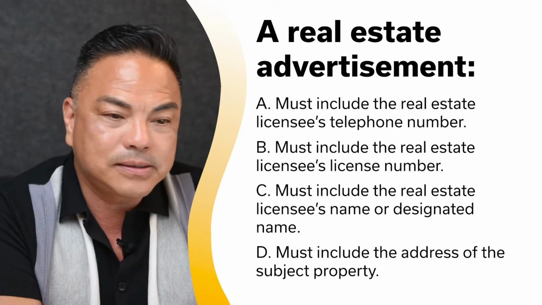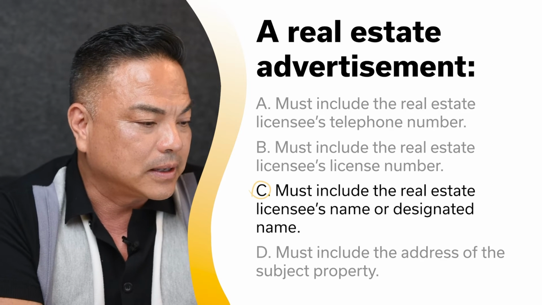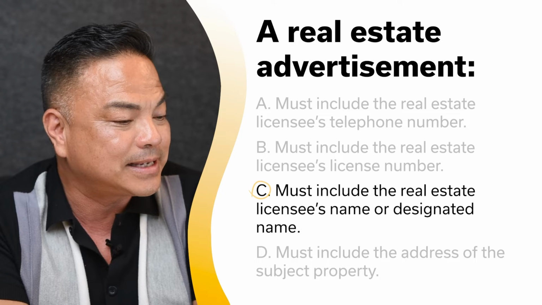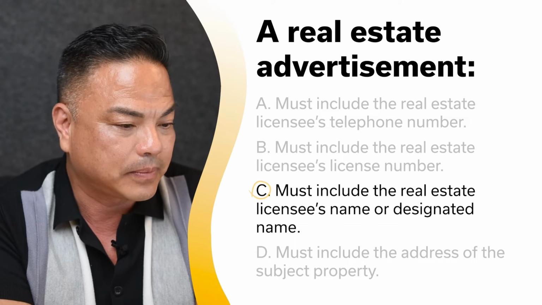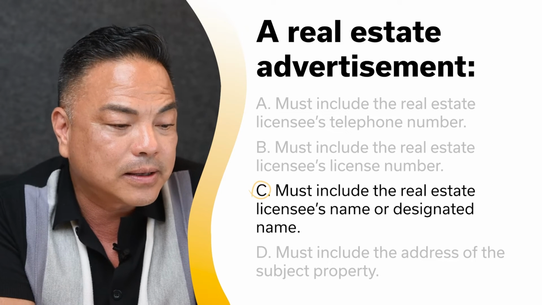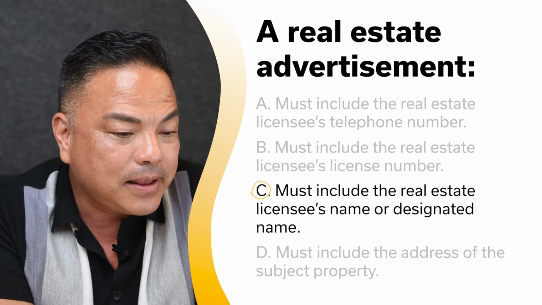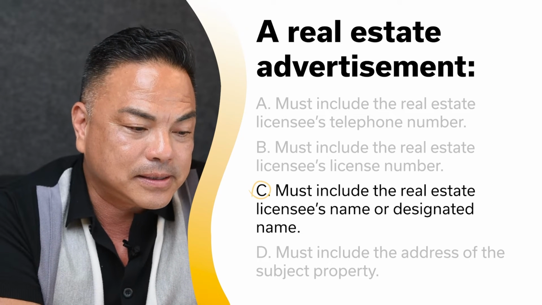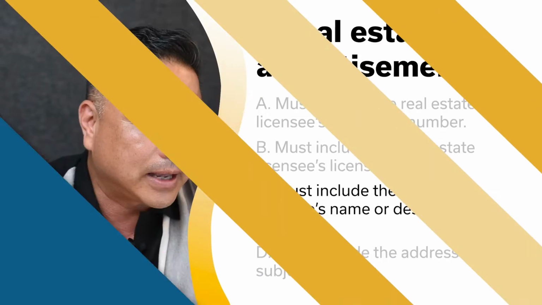And the answer is C as in Charlie, must include the real estate licensee's name and designated name. A real estate licensee must include the licensee's name and the name of the business with which the licensee is affiliated in all ads.